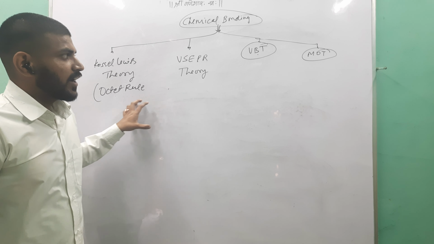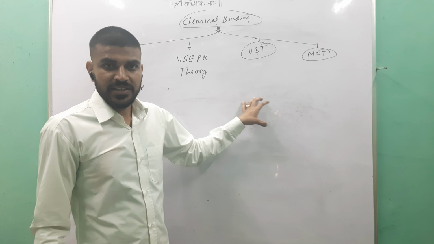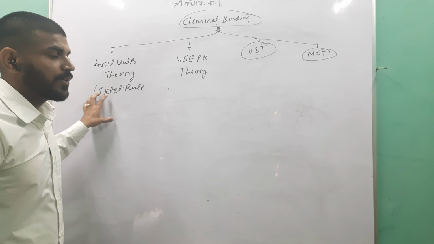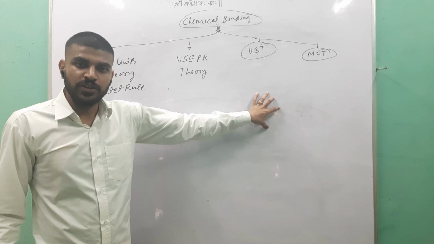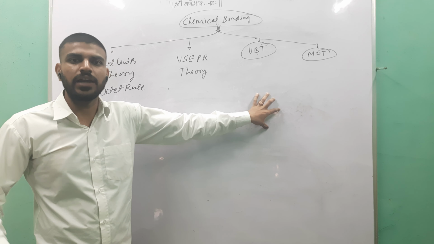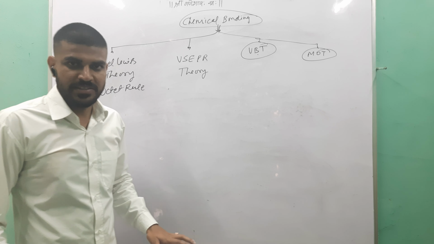So on the path to study chemical bonding, we have to study all the bonding theories in a row to comprehend how it evolved and how it is going on right now.